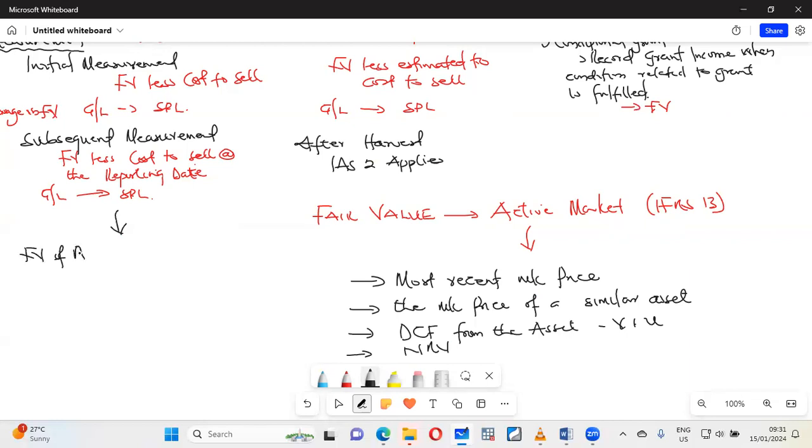The fair value of biological assets may change. There are two ways it can change. Number one is age. Buy a calf. The price of that calf at the time you bought it is very low because it's a young calf.